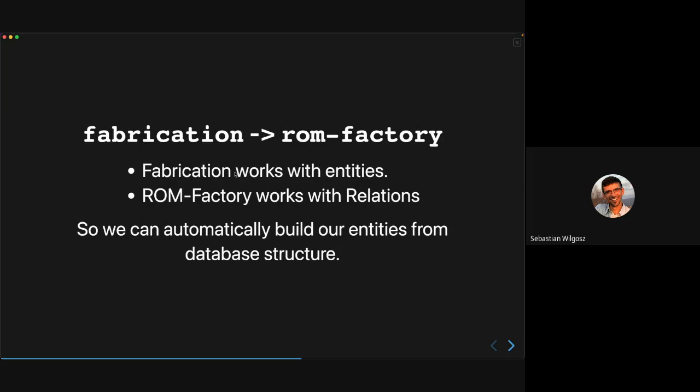So with this, still a lot of tests were failing, and we needed to switch our fabrication gem to ROM factory, because ROM factory works with relations by default, and fabrication is mostly focused around entities.